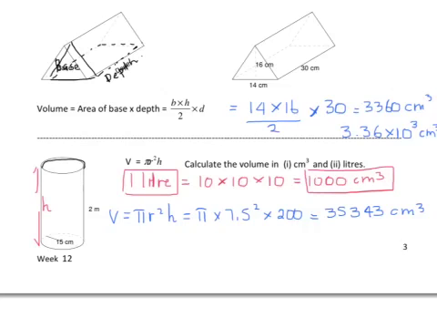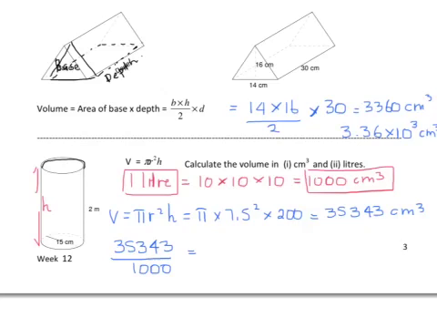Okay, now remember we know that 1,000 centimetres cubed is equal to 1 litre. So if we want to change this to litres, it'll be 35343 all over 1,000.